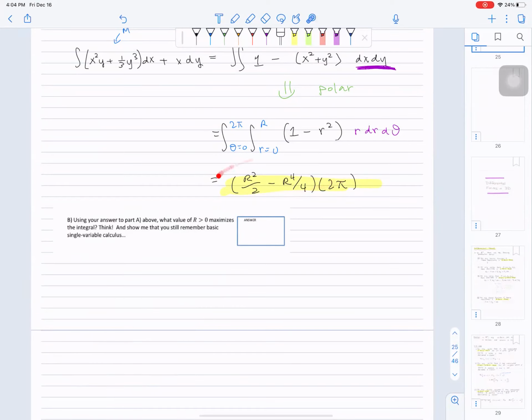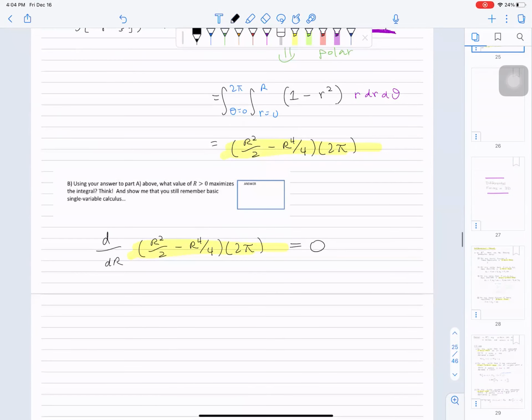Imagine this is our function. How do I find the critical points? I take the derivative of it with respect to r. So let me copy my expression, and I set it equal to 0. What is the derivative of that? I don't need to use product rule because 2 pi is a constant.